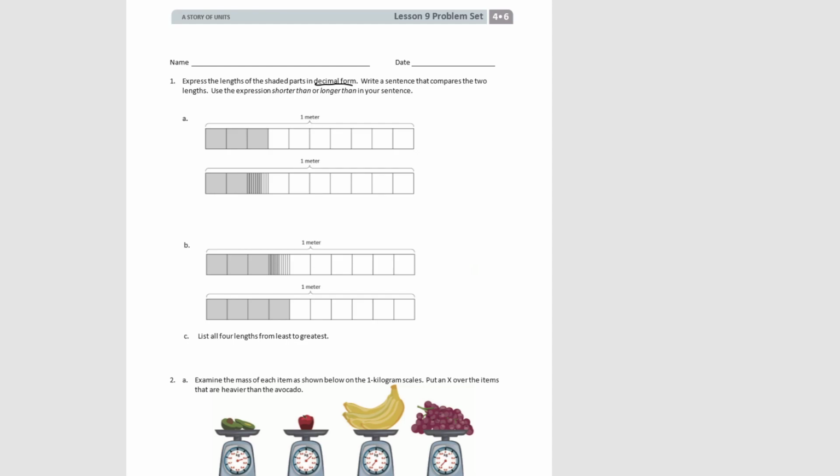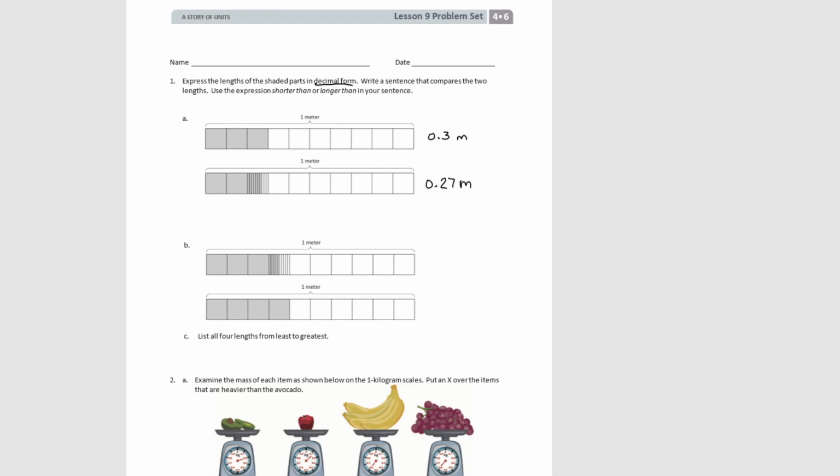So first, showing in decimal form, we see that the meter is divided into tenths and 3 of them are shaded. So decimal form would be 3/10 of a meter. The second one, 2/10 are shaded in plus 7/100, so 27/100.